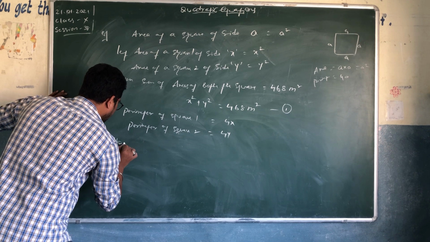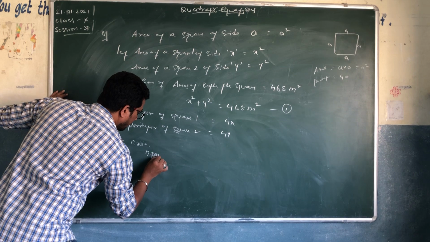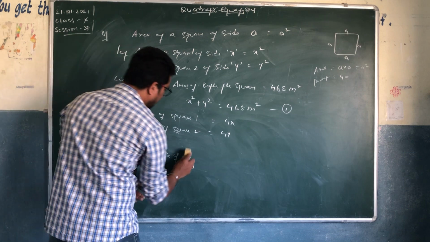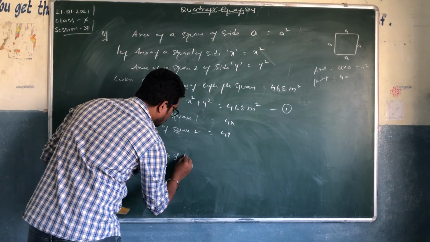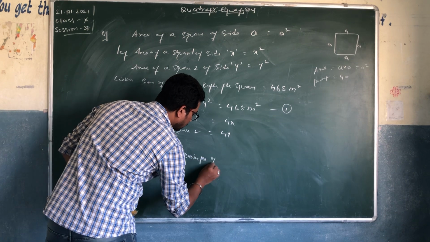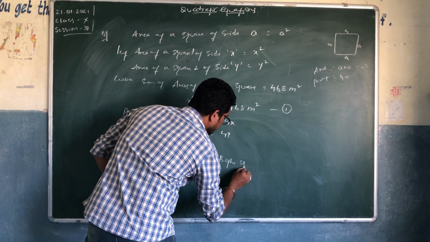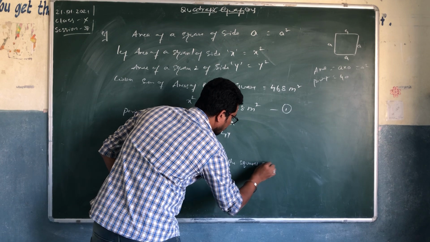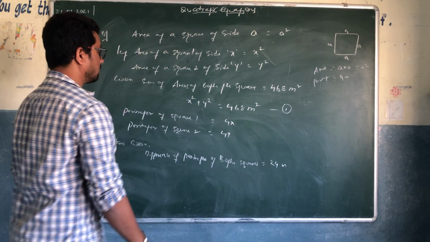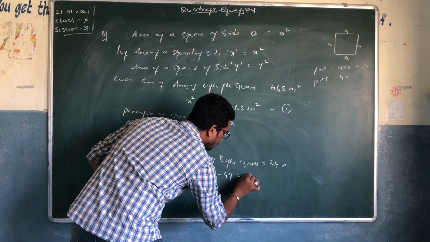Also given, the difference of perimeters of both squares is equal to 24 meters, which means 4x minus 4y is equal to 24.